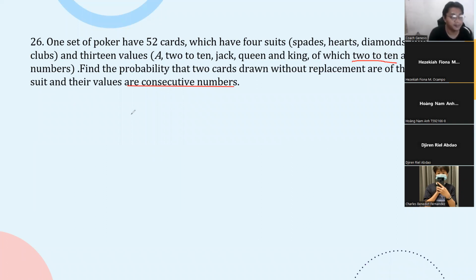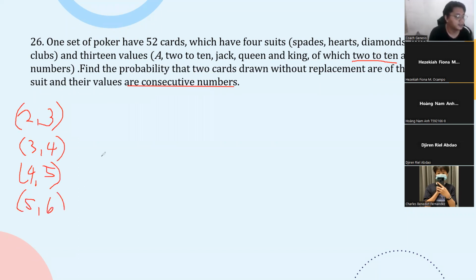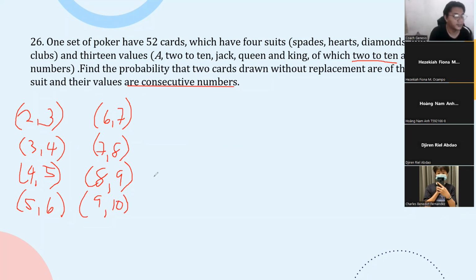So you have 2, 3, 3, 4, 4, 5, 5, 6, 6, 7, 7, 8, 8, 9, and 9, 10. So there are 8 possible.